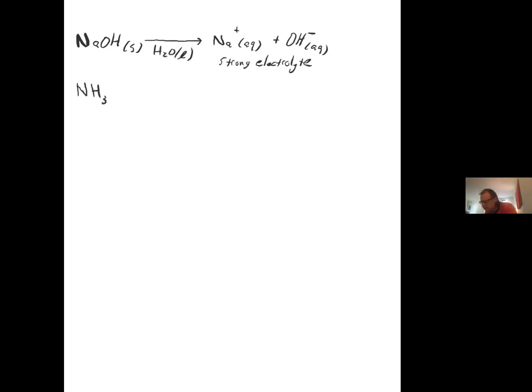One example is ammonia. Ammonia is, I guess, a liquid. And if you dissolve it into water, here's what will happen. It will break up, and we'll talk about this a little later, into two ions. It'll actually react with the water, and you get these two ions.